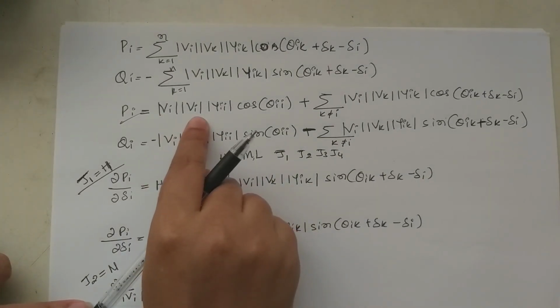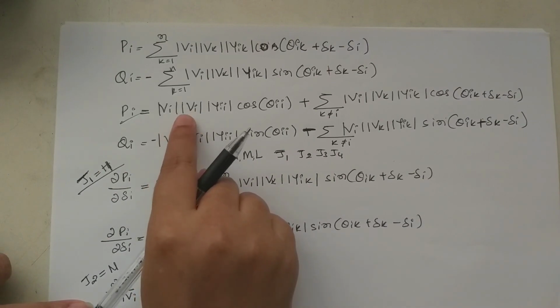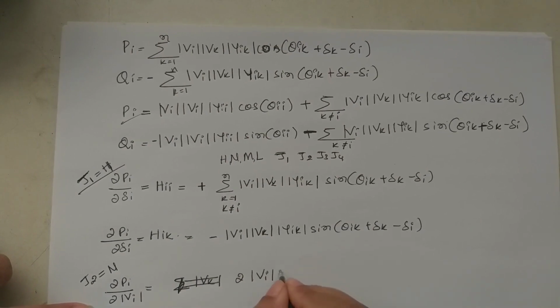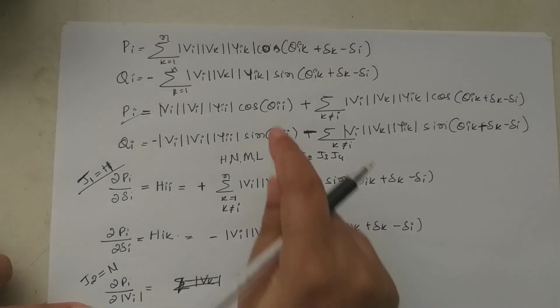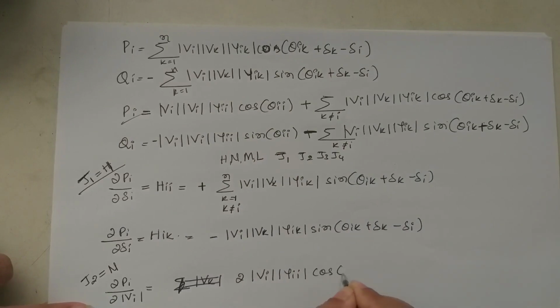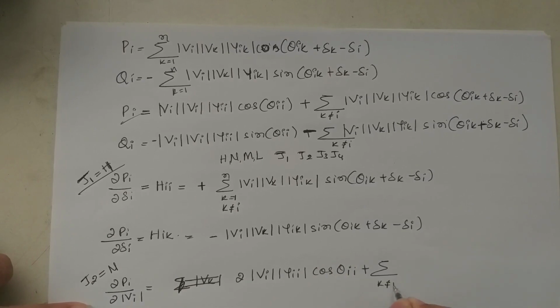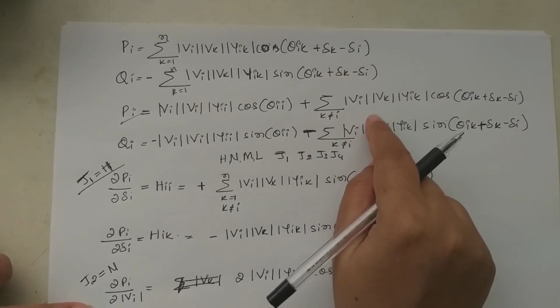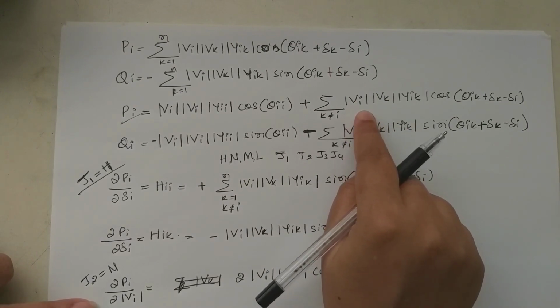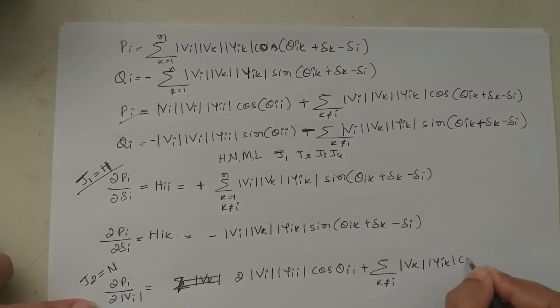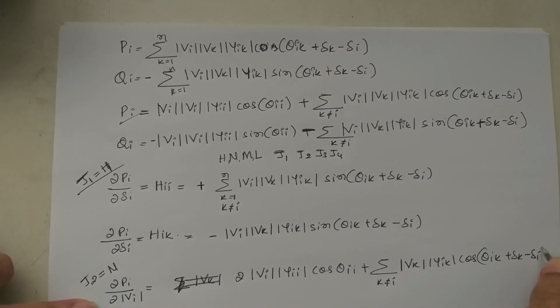Here Vi^2 is there, so we take this equation: the differentiation of Vi^2 is 2Vi Yii cos theta_ii plus summation, where k is not equal to i because the ith term we have taken outside. The differentiation of Vi is 1, therefore Vk Yik cos(theta_ik + delta_k - delta_i).